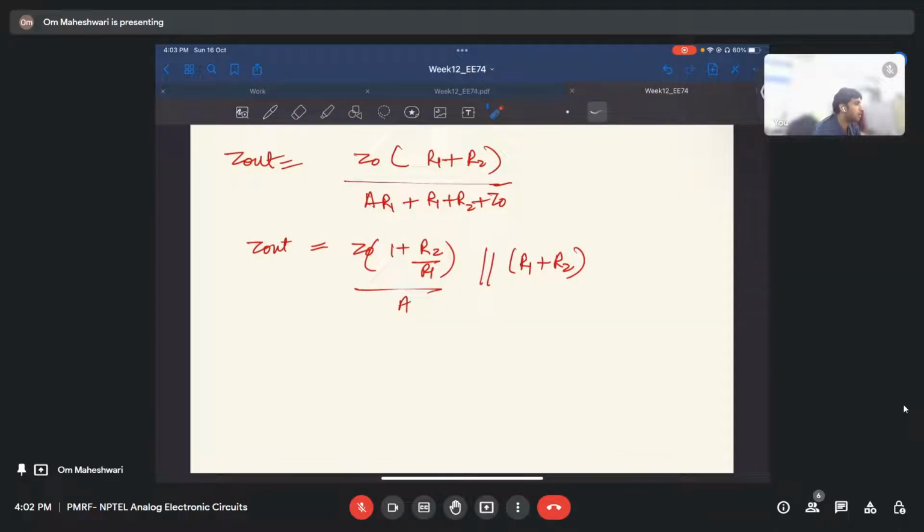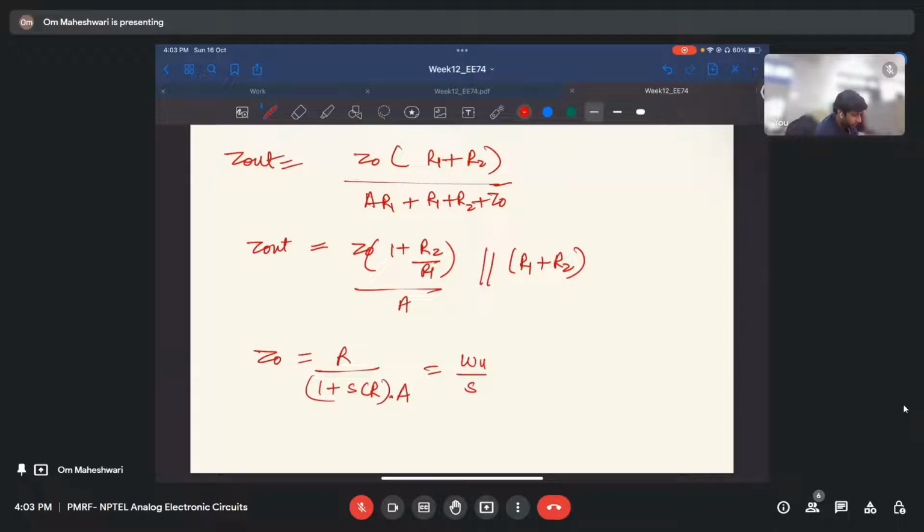Okay, now what they're saying is that Z naught is now R upon 1 plus sCR, times A, which is omega u by s.